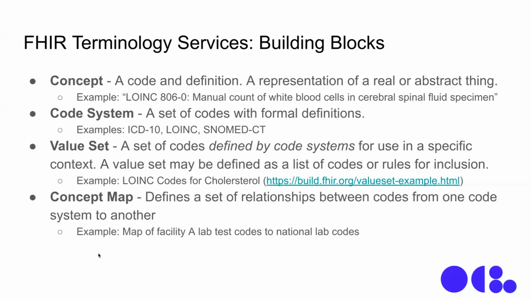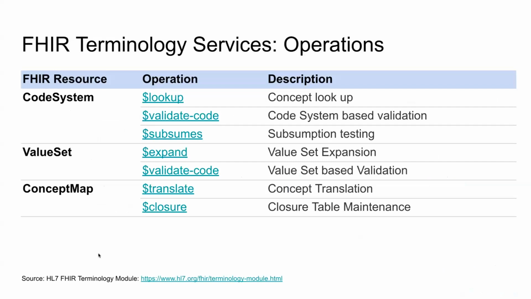And so that's really why we have these building blocks, these constructs, because if you have these content building blocks available in a terminology service that's hosted in your HIE, it enables you to perform certain operations or transactions. So what are those transactions now?